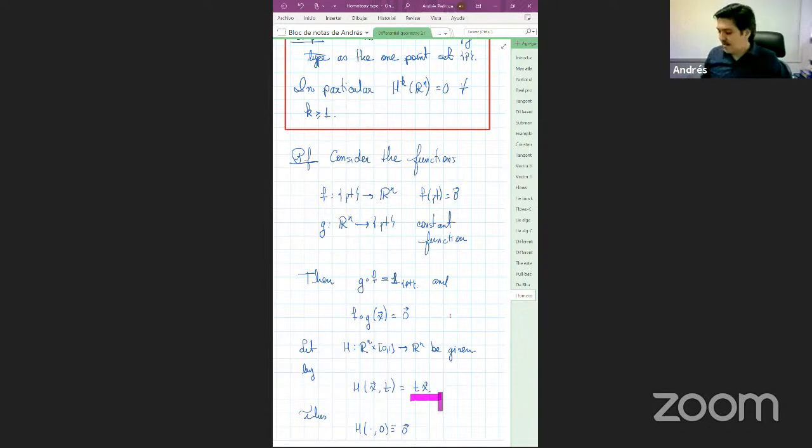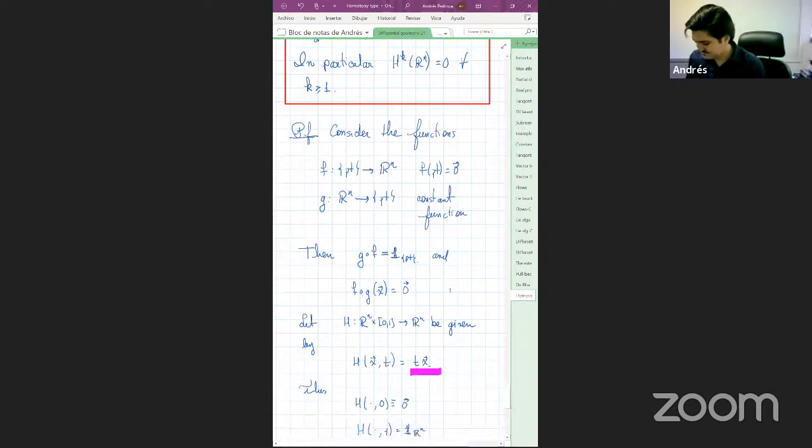And again, the way to think about this homotopy in geometric terms is: at t equals 1, you have the identity, and as you move from t equals 1 to 0, everything starts to shrink. You collapse everything in a smooth manner to the origin.